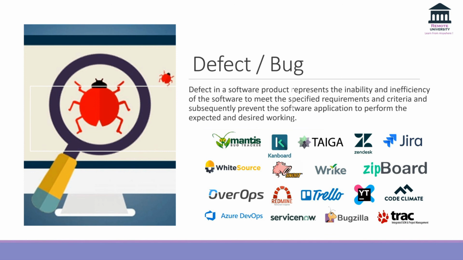So how do we communicate to the developer what we are observing? In the software development lifecycle, when we start testing, the defects we find, which we also call bugs, need to be reported to developers in some form.